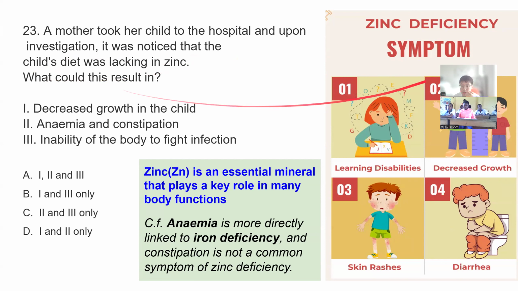This is asking about zinc deficiency symptoms. Is it that the child has decreased growth, or has anemia and constipation? Or does the child have the inability of the body to fight infection?